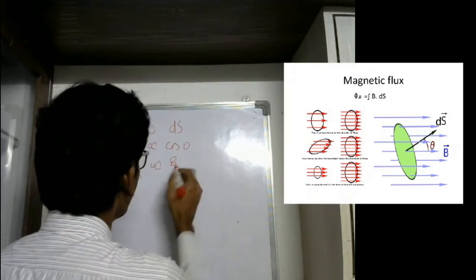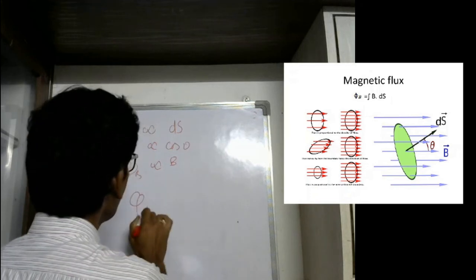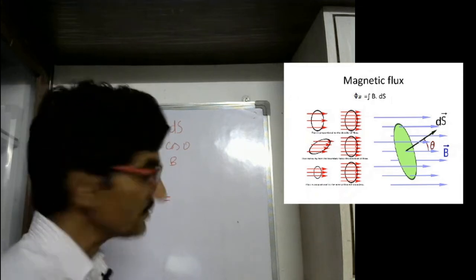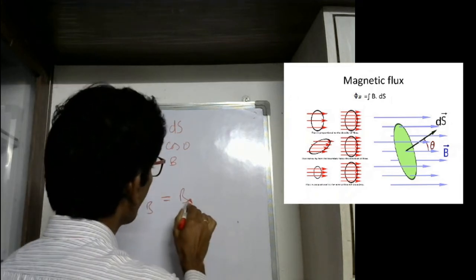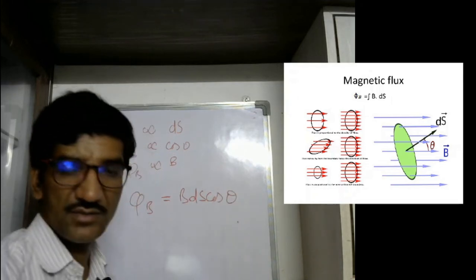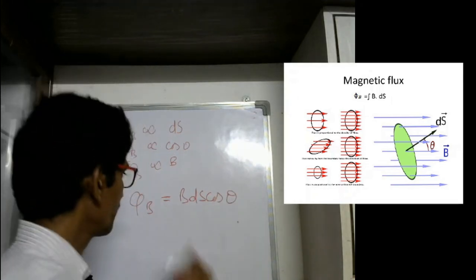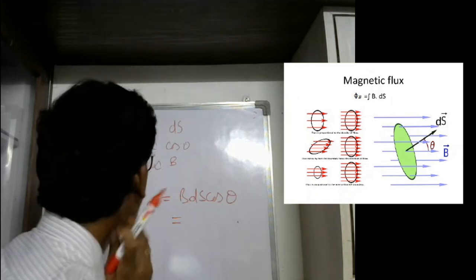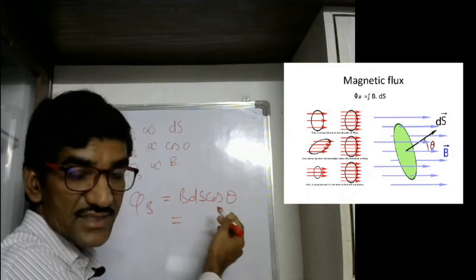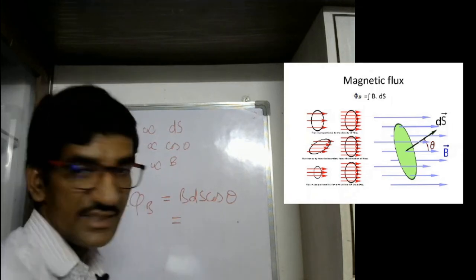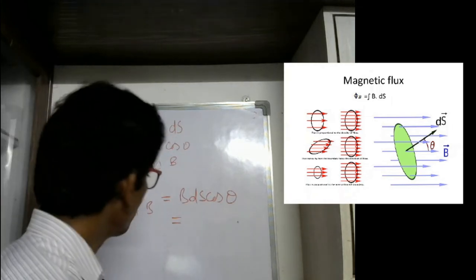So phi B is now B ds cos theta. You may write this. Whenever you are taking ds, a small component of area, this flux corresponds to that area. That's why we have to write d phi b.